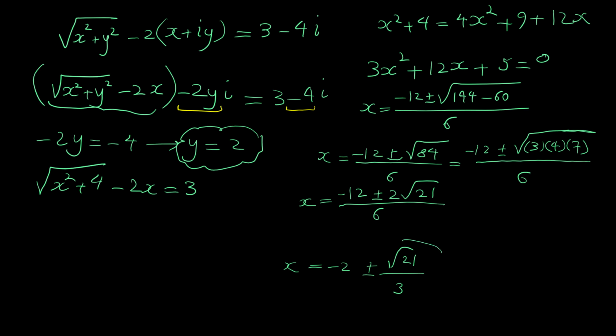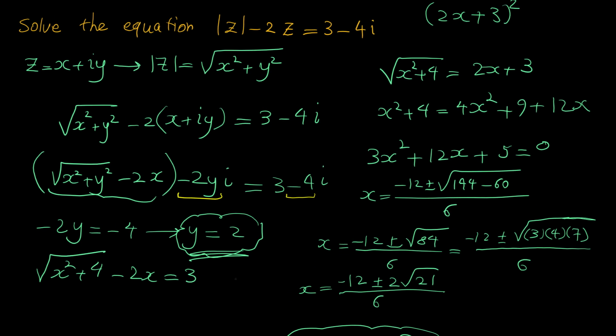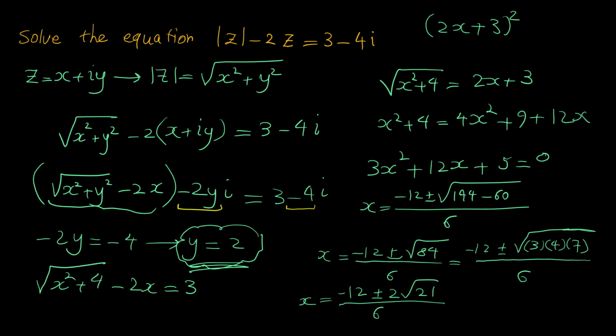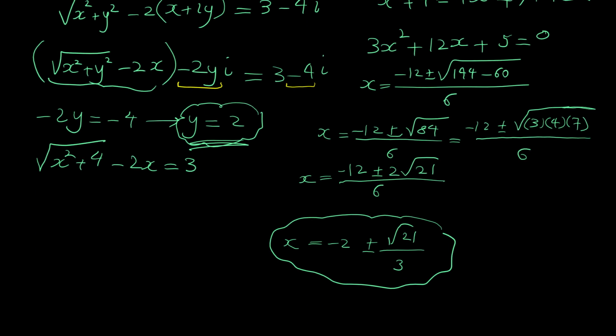So this is the real part and this is the imaginary part of z. Between these two answers that we got for x, negative 2 plus radical 21 over 3 and negative 2 minus radical 21 over 3, the one that is with negative should be rejected. So pay attention.